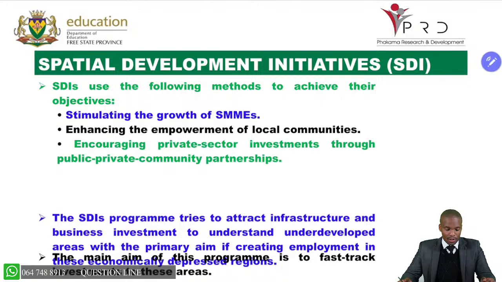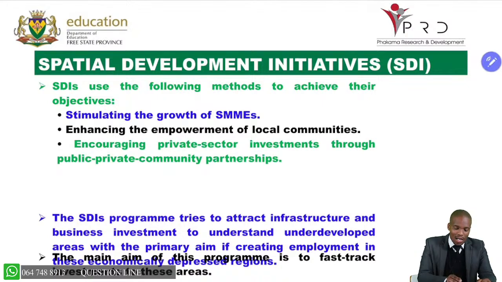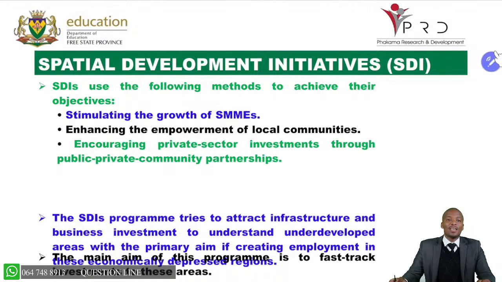Okay. So if we can list them, the first one is the Wild Coast SDI. Where is it situated? It's in the KZN. So if you know your map, like we've mentioned, Wild Coast, it's in the KZN region. The other one is the Fish River SDI.